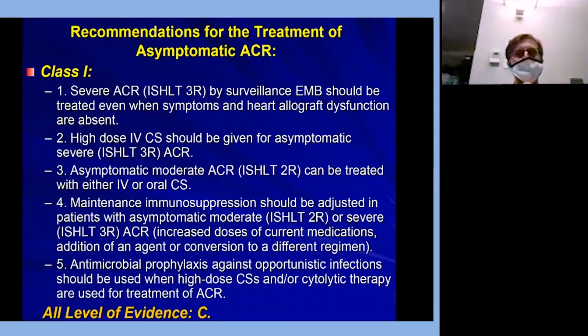If there's asymptomatic rejection, if it's severe grade 3, we always treat grade 3 aggressively, no matter asymptomatic or symptomatic. If it's 2R, which is moderate rejection, we will treat depending on symptoms, hemodynamics, and graft function, either with an oral dose at home.